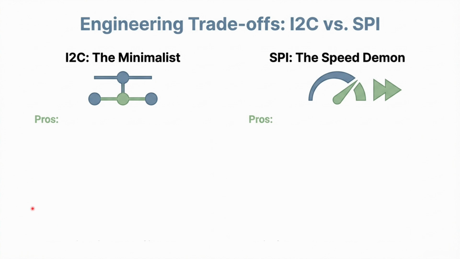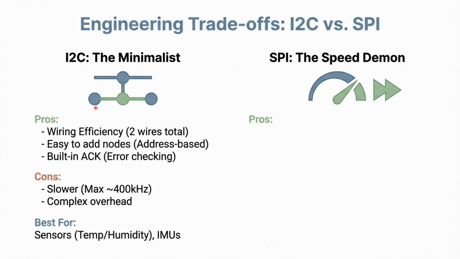Think of I2C as like the office group chat. The pro is it is incredibly wire efficient. You need 2 wires no matter how many devices you add. It is very easy to scale. You just assign a new address to a new node and plug it in. Most importantly, it has a built-in read receipt, which is the ACK bit, so the master will know the message actually arrived.